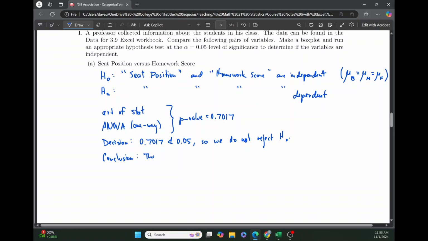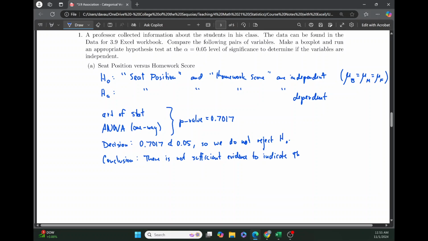So there is not sufficient evidence to indicate that seat position and test scores are dependent variables.